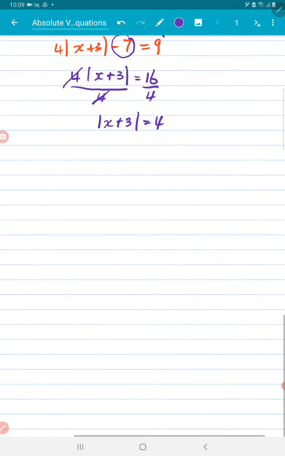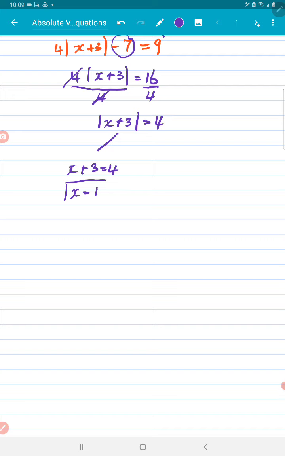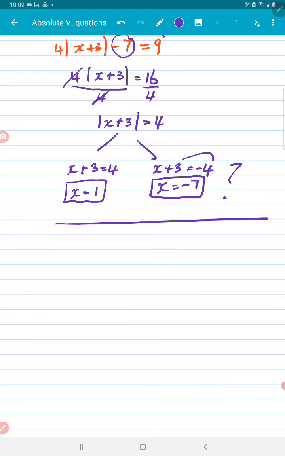So like the last question. So the positive case, x plus 3 equals 4. x could equal 1. There's one answer to check. And the negative case, x plus 3 could equal negative 4. So x could equal negative 7. And you put those in and check yourself that they work all right.